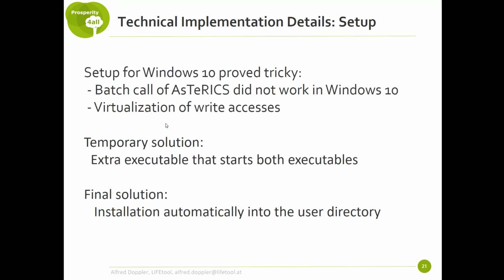And another thing that was a little bit strange was the virtualization of the write accesses, because when you're a user and you're writing in an area where you are not allowed to write, then Windows will automatically solve this for you and just make a virtualization directory and write everything there. The problem here is when I, as an administrator, look in the position, then I see nothing. It looks like nothing happened and nothing has been written, and you must find out in a very tedious way where really the files have been changed.